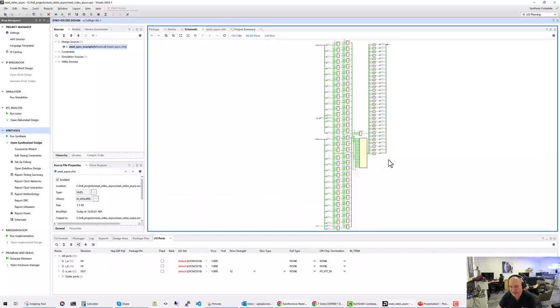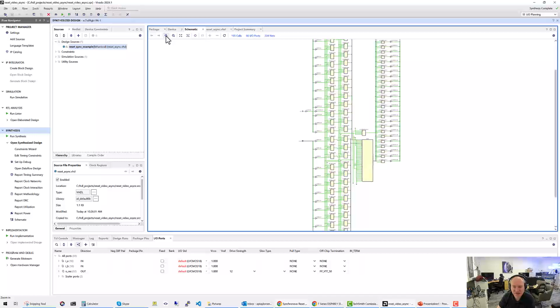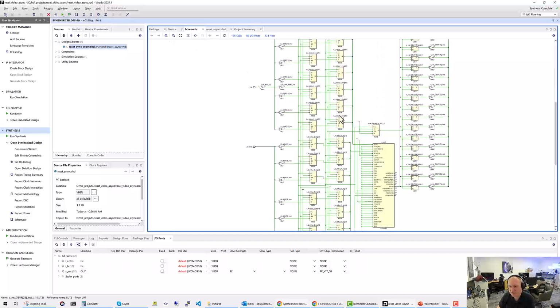So if we look at the schematic in this instance, we can see that the delay registers are all implemented in the fabric outside of the DSP48, and similarly the DSP48 is then instantiated.